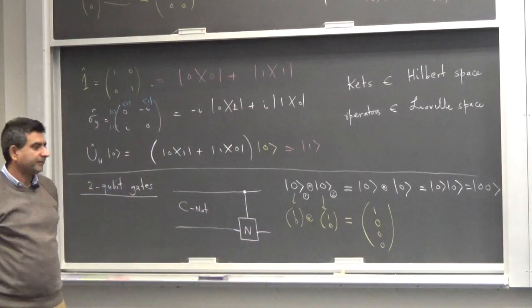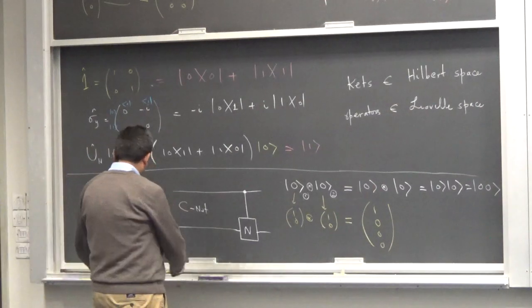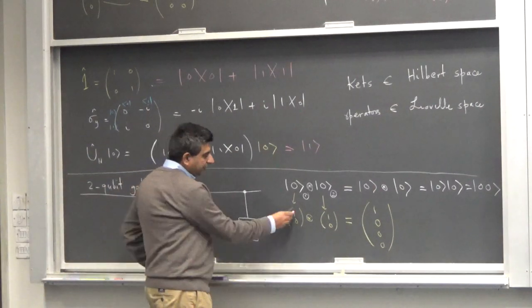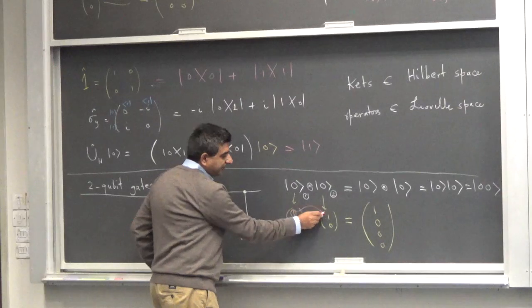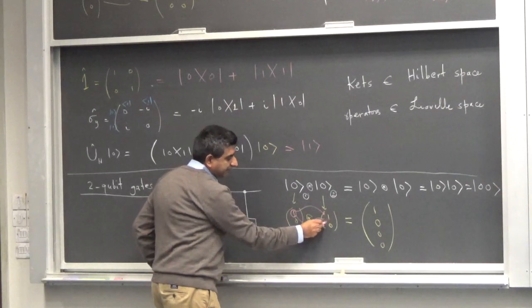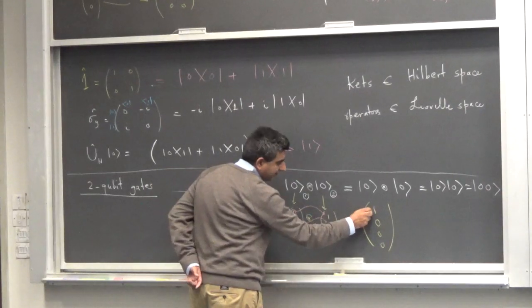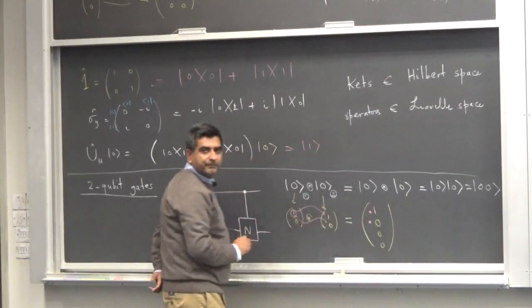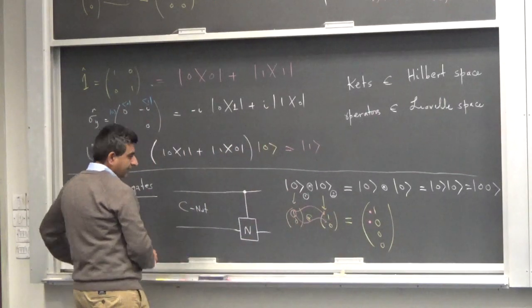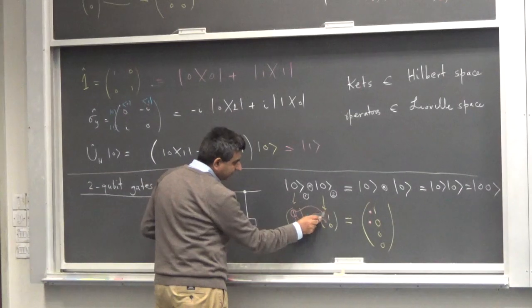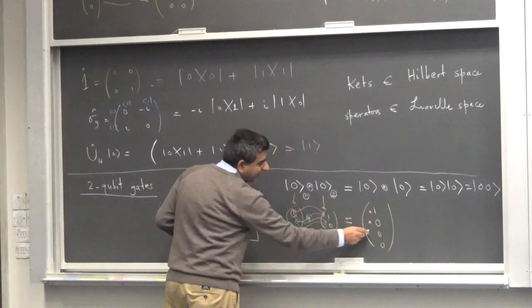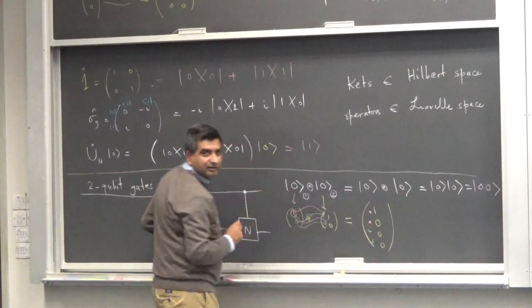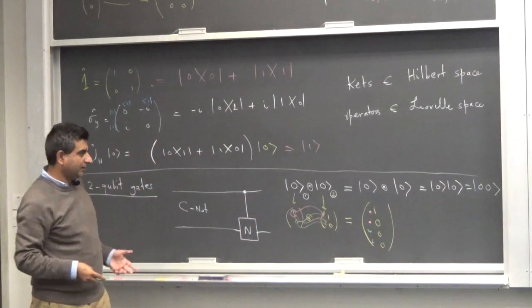Right? So first of all, I take this 1, multiply it with 1, and then multiply it with 0. I get these 2 entries. Then I take this 0 and multiply it with 1 and then multiply it with 0. I get these 2 entries, right? This is how you do it.